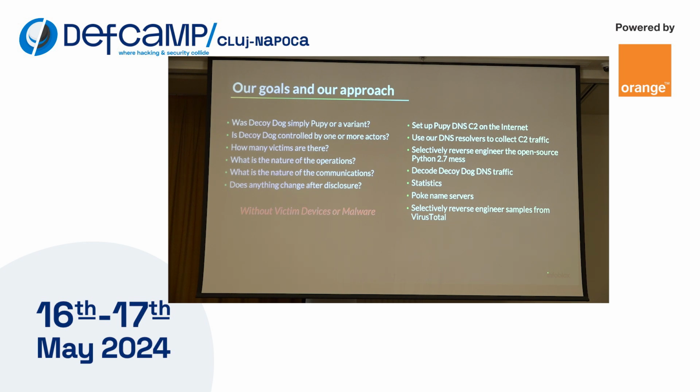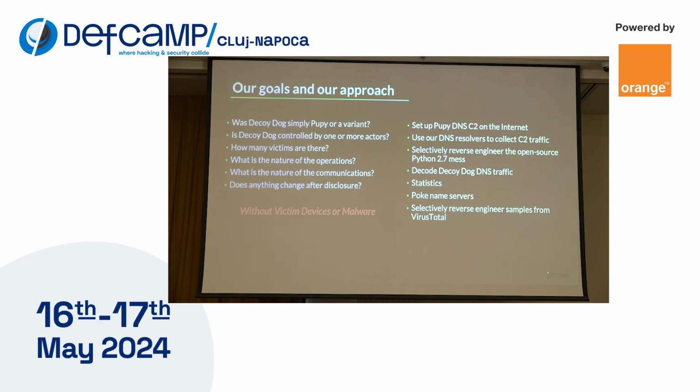PAPI is an open source tool which can be used for testing networks, just like Cobalt Strike, for example. It's just that PAPI is much less common because it's quite difficult to configure. It requires more time to set it up. So the question was, what we have seen, was it PAPI or something else, like a variant? Who is controlling that? One threat actor or maybe more?